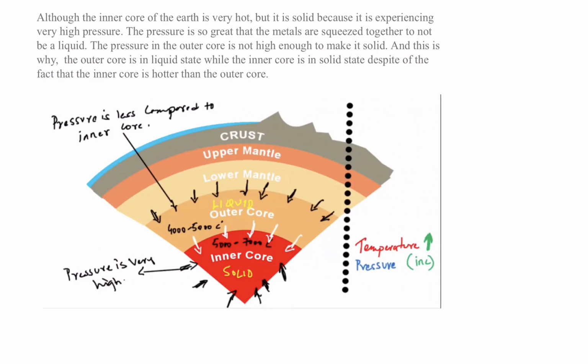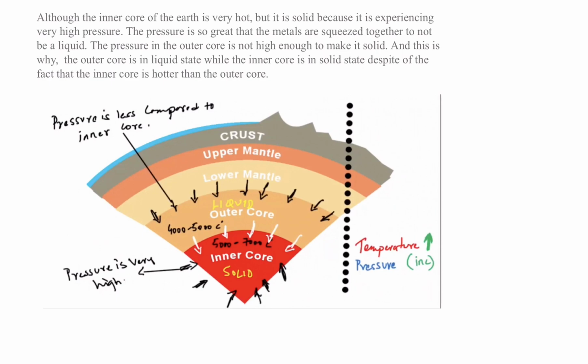The inner core is bearing the pressure of the outer core, the lower mantle, the upper mantle and the crust. So this inner core is bearing very high pressure, and this pressure is so great that the metals are squeezed together, compressed together to not be a liquid. इतना प्रेशर पड़ता है इनर कोर पर कि जितना भी मटेरियल होता है, आयरन मटेरियल होता है इनर कोर में, वो सारा स्क्वीज्ड हो जाता है और वो सॉलिड में कन्वर्ट हो जाता है.